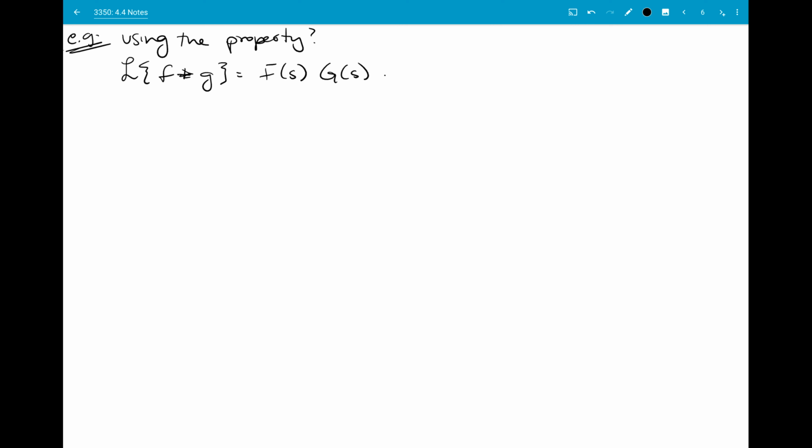So the forward direction would be if we wanted to compute L of e to the t star sine t, which we just learned is 1/2 times e to the t minus cosine t minus sine t, I think.